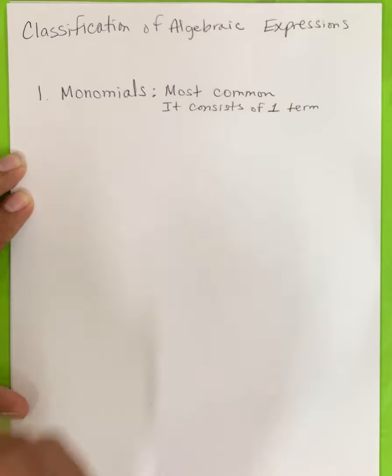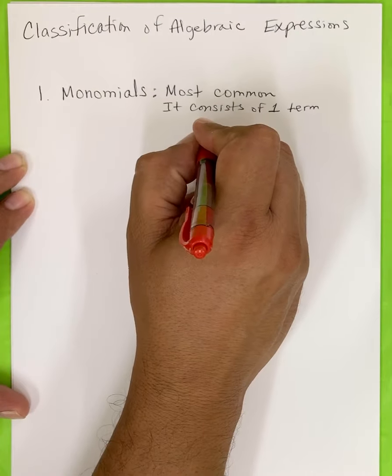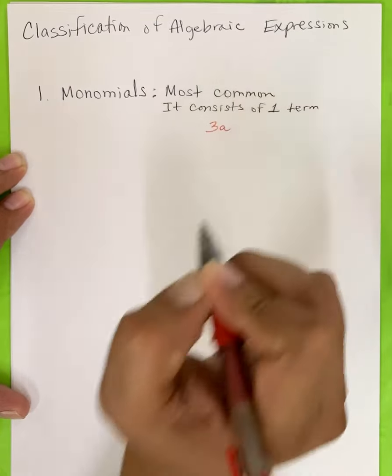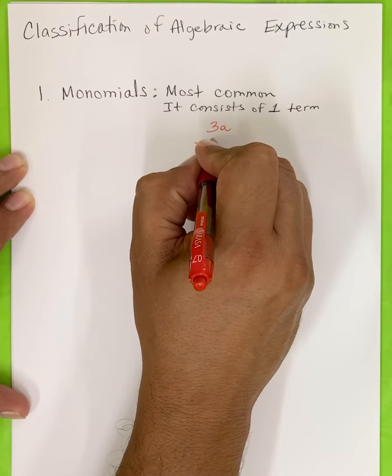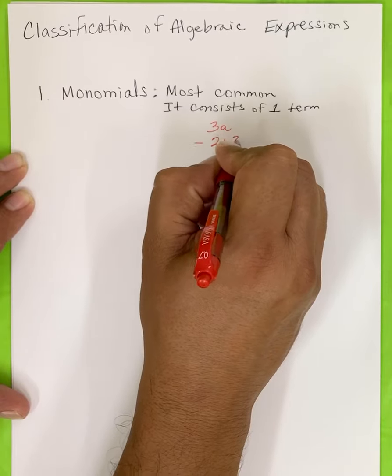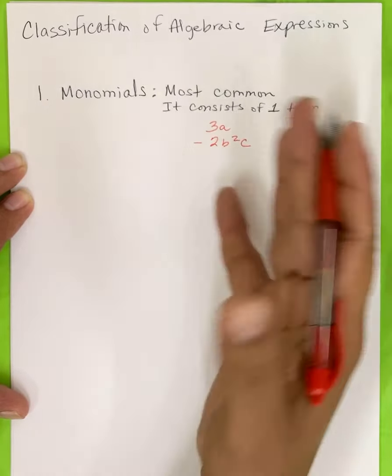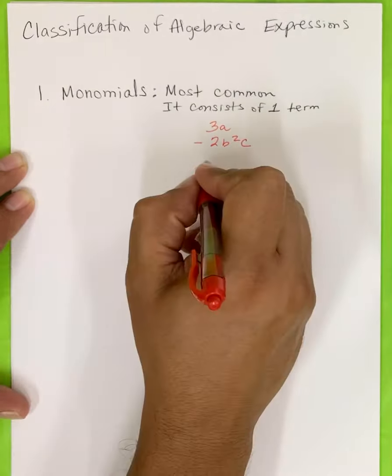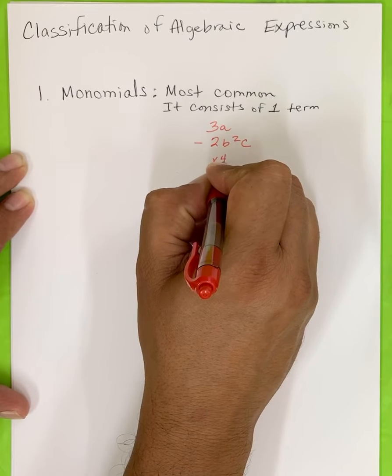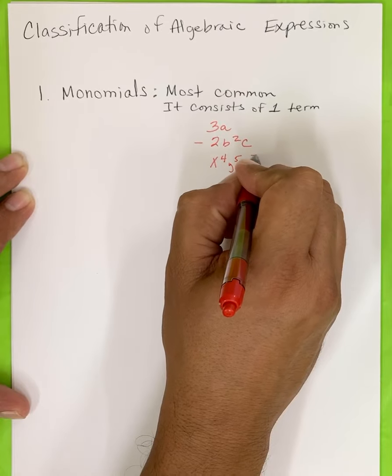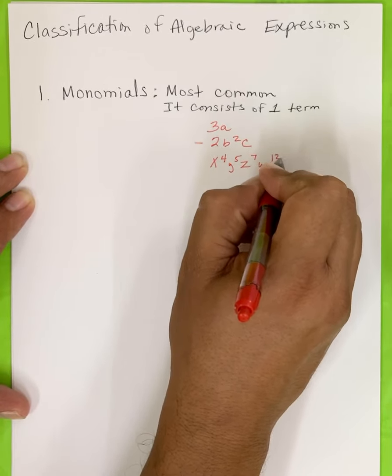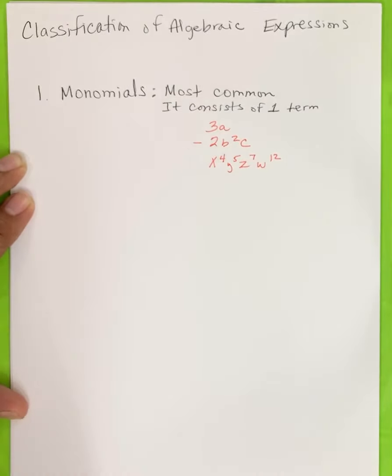Okay? For example, if I write 3a, this is a monomial. If I write negative 2b squared c, this is a monomial. If I write x to the fourth power, y to the fifth power, z to the seventh power, and w to the 12th power, all these are monomials.